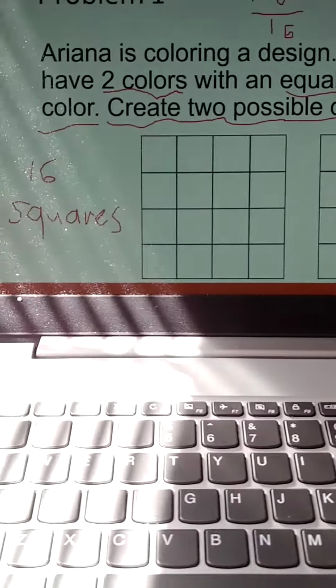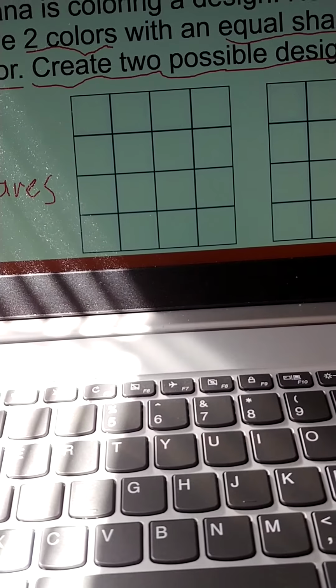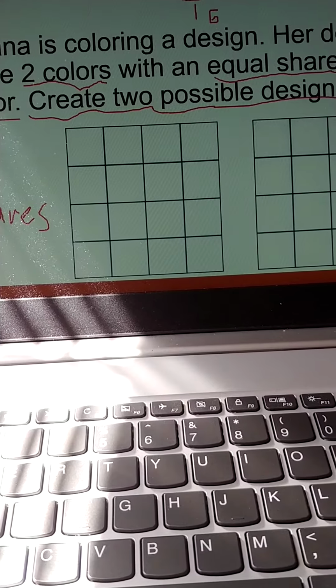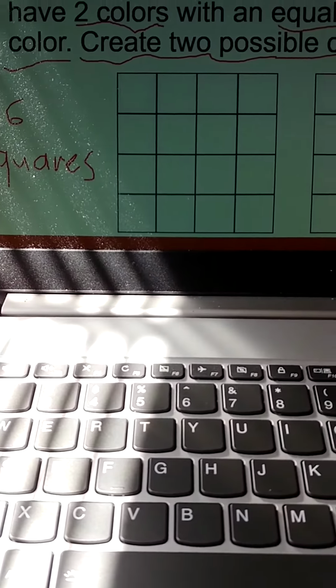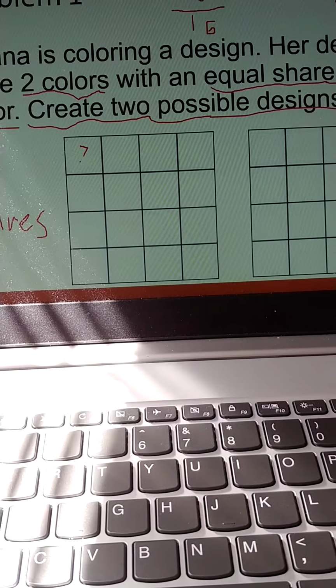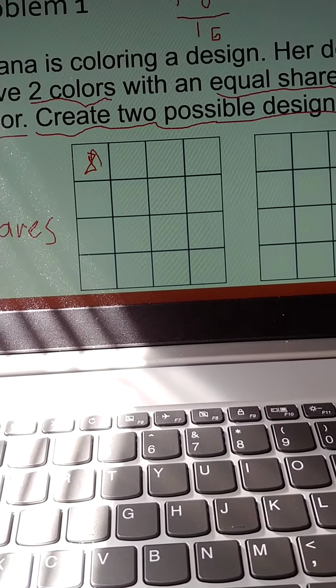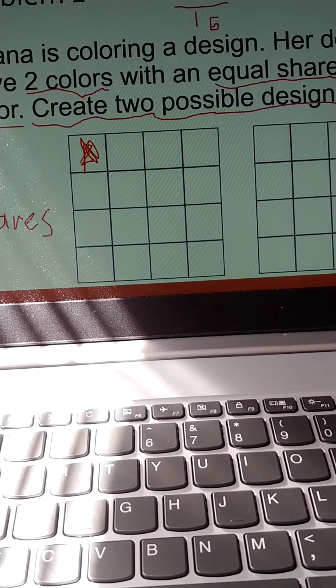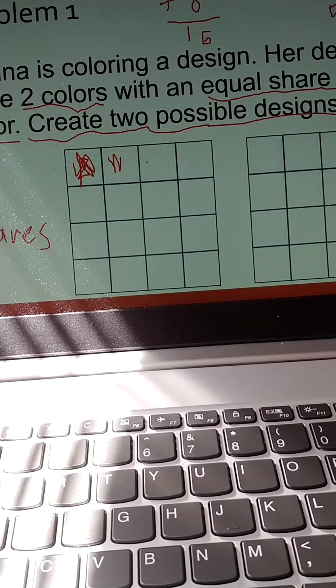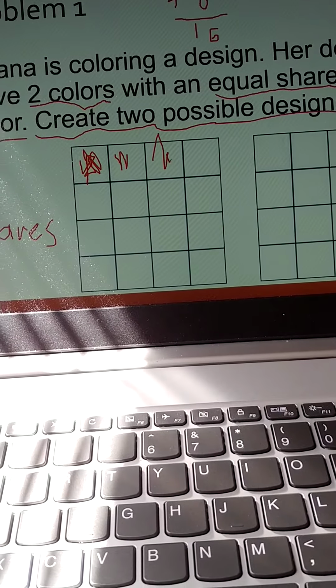So let's start with our first design, our first square. I'm going to start by coloring 8 squares red. So we have 1, 2, 3.